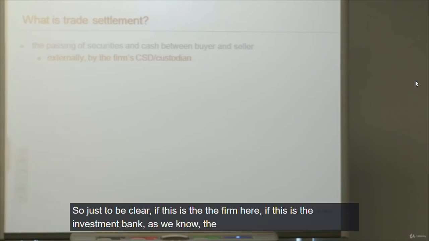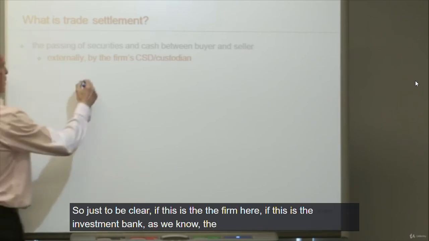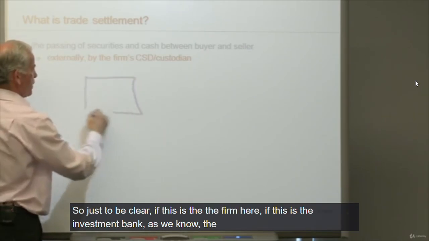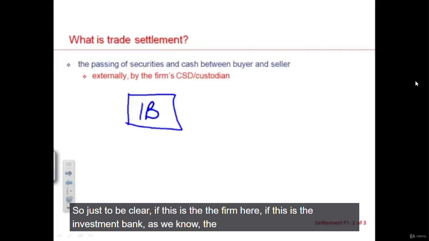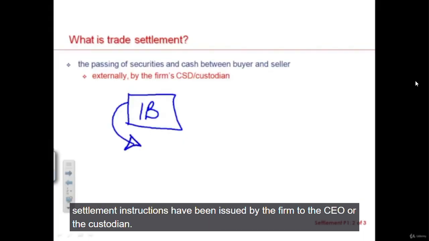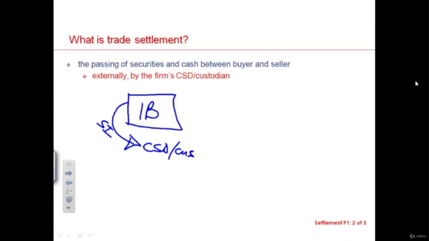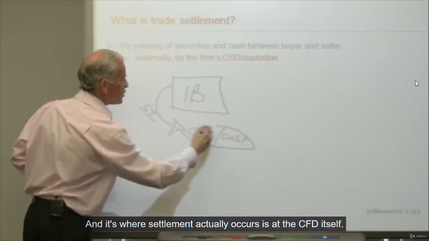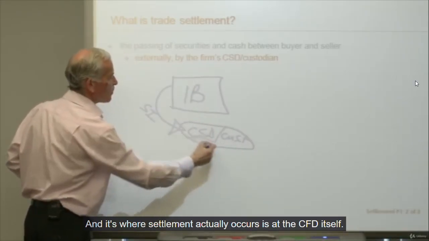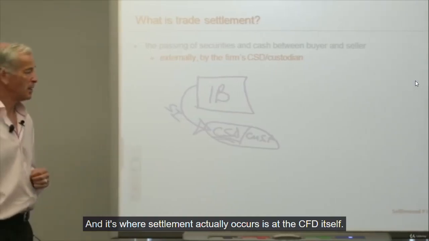So just to be clear, if this is the firm here, so if this is the investment bank, as we know, settlement instructions have been issued by the firm to the CSD or the custodian, and where settlement actually occurs is at the CSD itself.